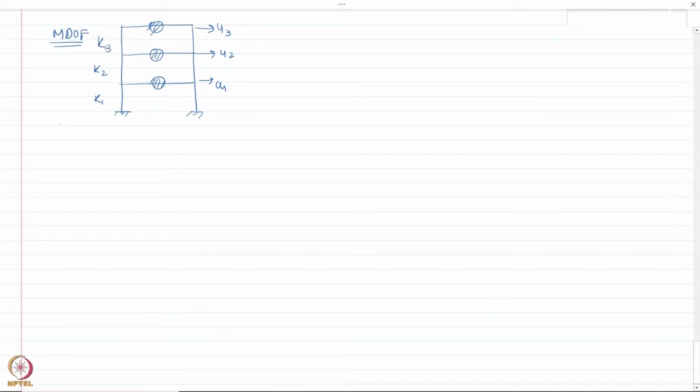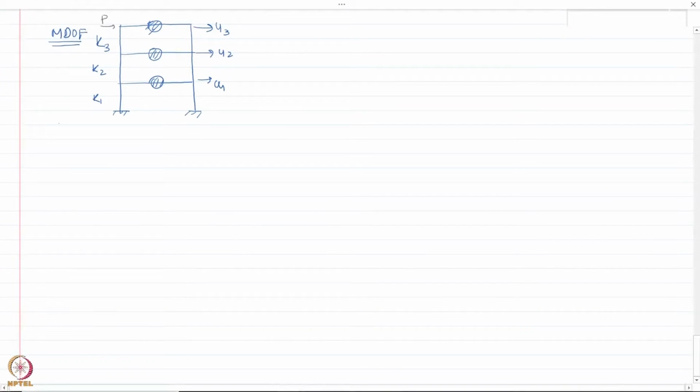And we found the equation of motion of this three-story building subject to external load. These external loads were P1, P2, P3 applied at the respective stories, and the equation of motion that we got was of this form.